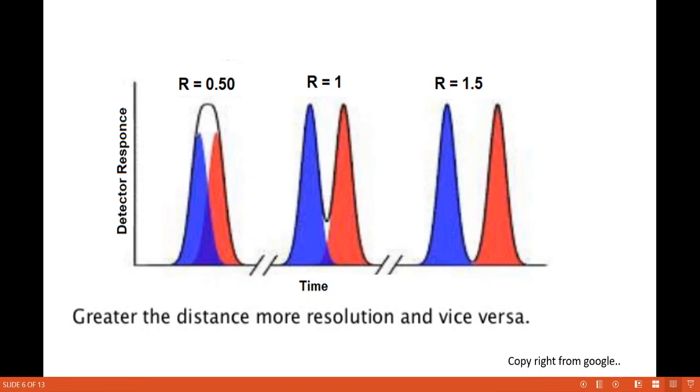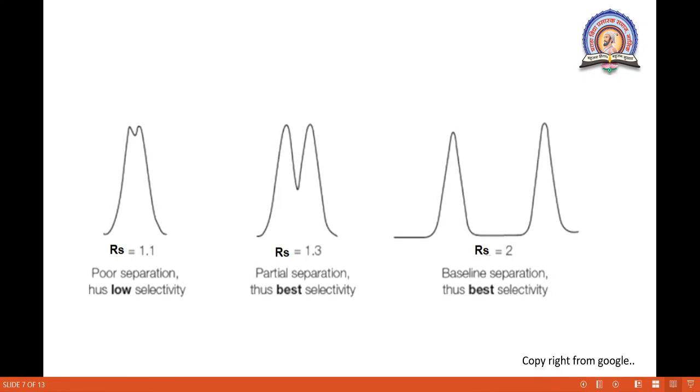So by observing this chromatogram, what we conclude is that if the RS value is greater than 1.5, then we observe good separation, and if it is below 1, then no separation is observed.